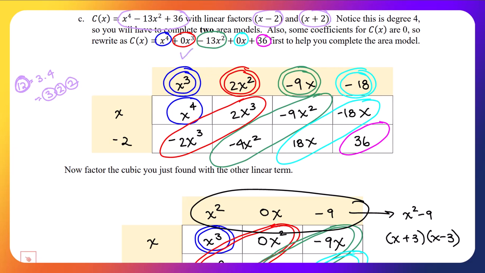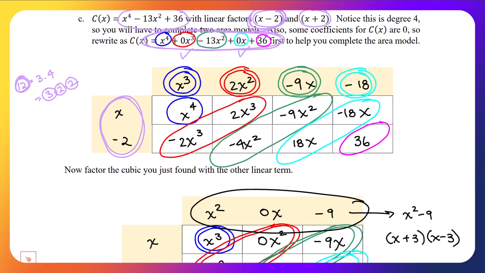As a reminder, we're missing a third degree term and a first degree term, x to the first, or just x by itself. So I'm going to start by dividing by x minus 2, that goes here, into the original, which I'll write out like this.